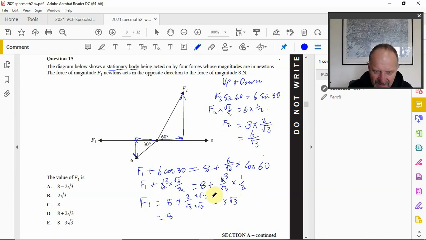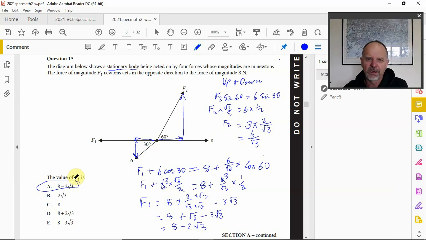So 3 root 3 on 3 is just root 3, minus 3 root 3, which would be 8 minus 2 root 3. 8 minus 2 root 3 is A. The key there is that it's stationary, so it's in equilibrium, and I've resolved in a couple of directions. There would be other ways of doing that, but that's the way I've chosen.